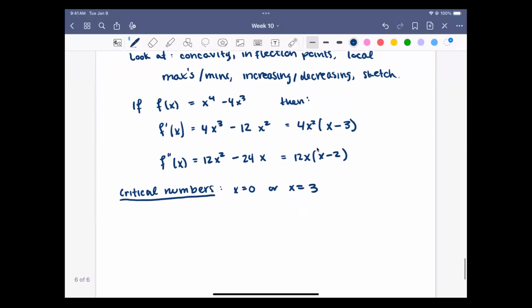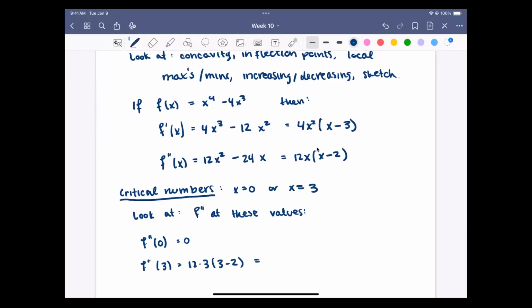So let's look at f double prime at these values. f double prime of 0, just plugging 0 in for x here, we get that this is equal to 0. And f double prime of 3, let's see, this is 12 times 3 times 3 minus 2, so this is 36.